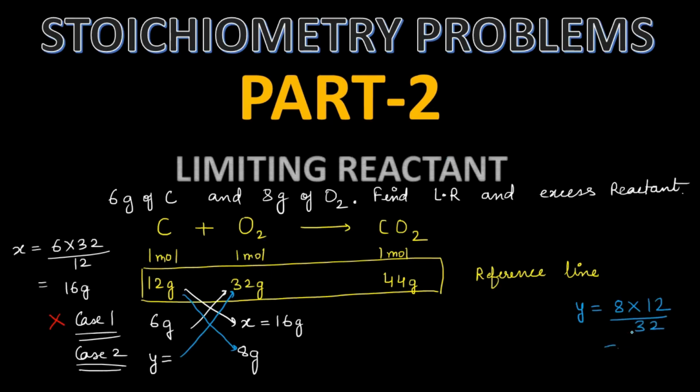This gives you 3 grams. That means 3 grams of carbon is required, and in the question, we have 6 grams of carbon. So only 3 grams is required, and an extra 3 grams of carbon is left. This shows that carbon is in excess. If this is in excess, that means oxygen is the limiting reactant.